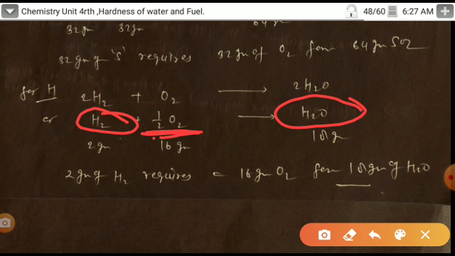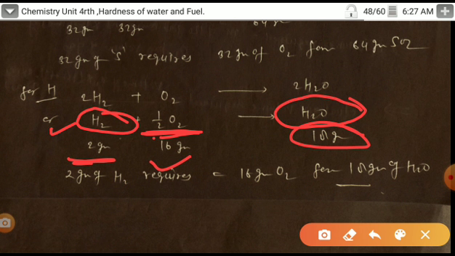What is the molecular weight here? The molecular weight of the hydrogen molecule is 2 gram or 2 units. Then half the molecular weight of oxygen is 16 gram, and 1 molecular weight of water vapor is 18 gram. So it is clear that when 2 gram of hydrogen is available, it needs 16 gram of oxygen for complete combustion to form 18 gram of water vapor.